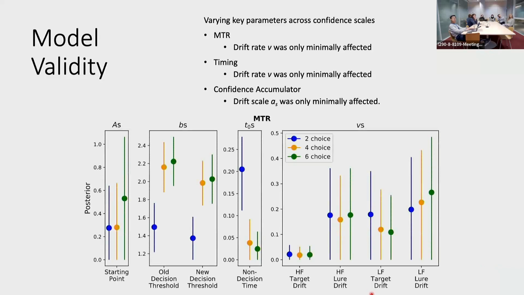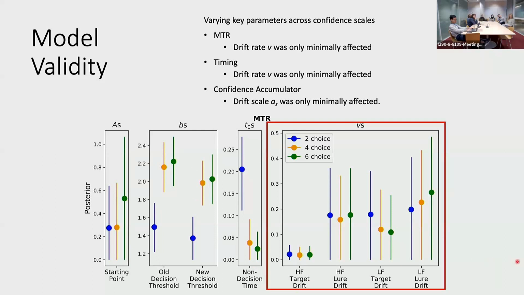For the NPR model, when we allow parameters like the starting point, the decision threshold, the non-decision time, and the drift rate to vary across different scales, you can see that the decision thresholds are really affected by this manipulation, which explains the slowdown in RTs, but the drift rates are not varying by much. The mean values are very similar across conditions, with error bars overlapping each other, which indicates that the drift rate essentially stays constant across scales.